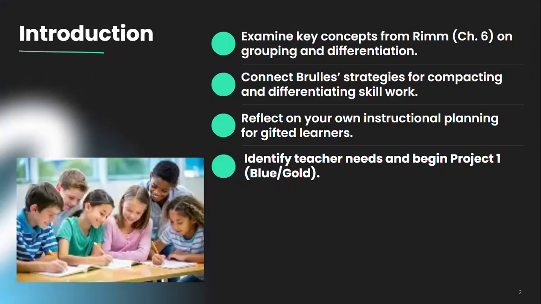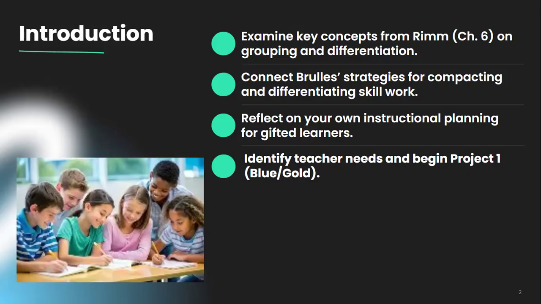Our learning goals this week are multifaceted. First, we'll examine the theoretical framework RIM presents around grouping and differentiation, how these structures impact both gifted and general education students. Then we'll connect those ideas to the more hands-on strategies, especially how compacting can make our instruction more efficient and purposeful.